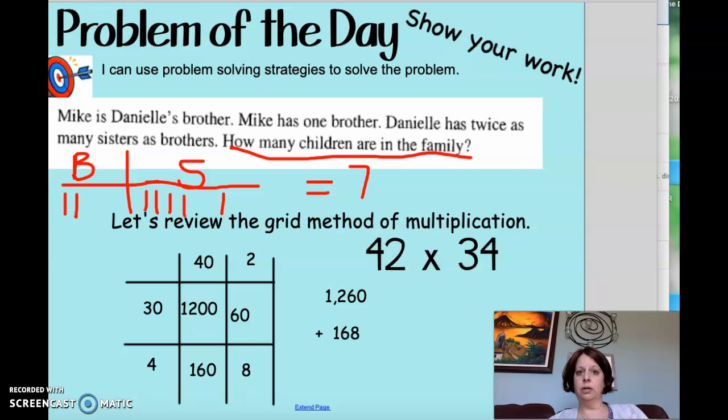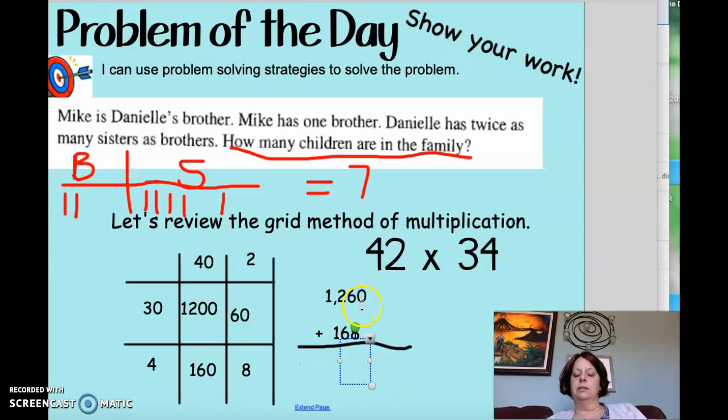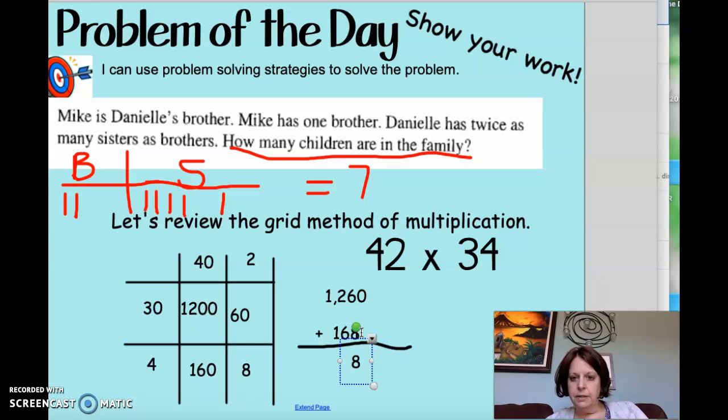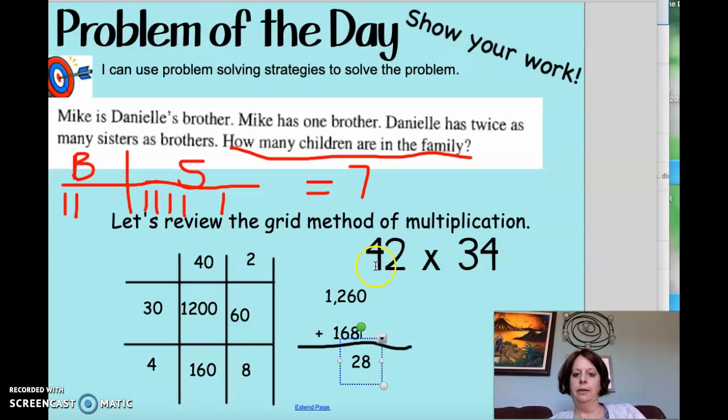Now I'm going to draw my line to show equals. Okay, so here we go. 8 plus 0 is 8. Working backwards here, 6 plus 6, that's 12, and we're going to need to carry a 1.